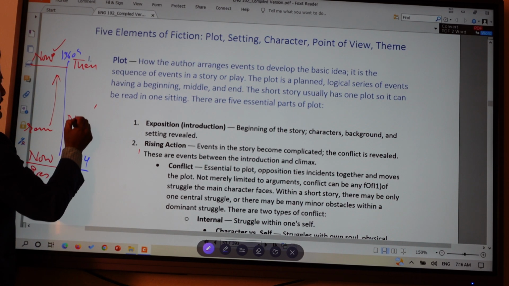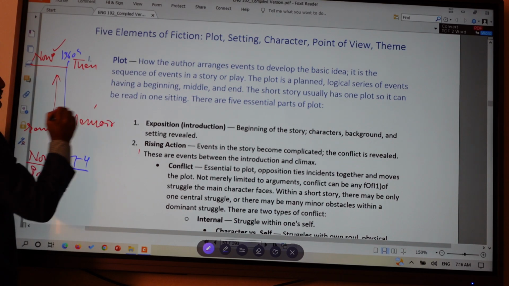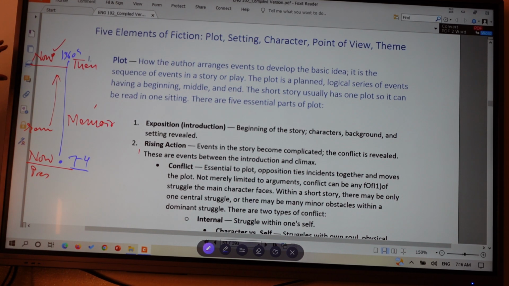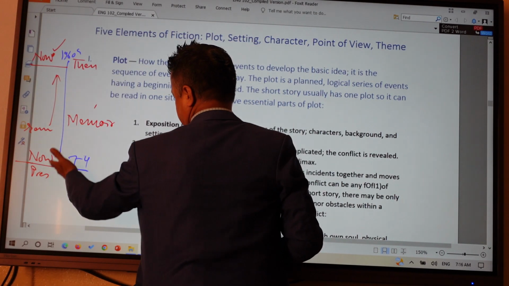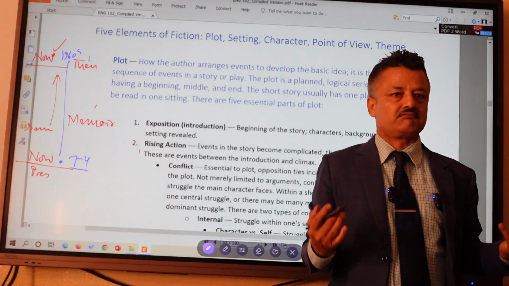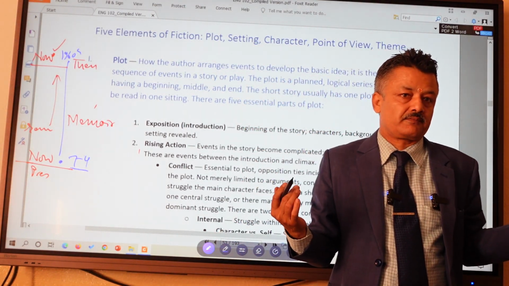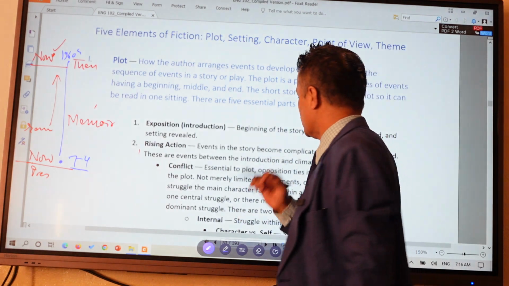That's why we call this a memoir. Whatever happened back in the 60s, that's the background. And he is here in his 70s and he is recalling everything. He is telling his life story. By the time he starts telling his story, he has already become a highly successful person. He has the company, right? Okay.